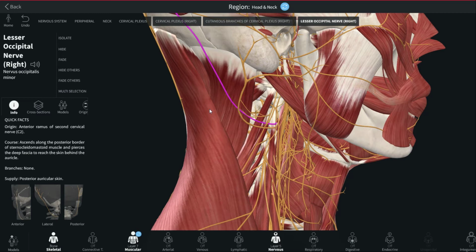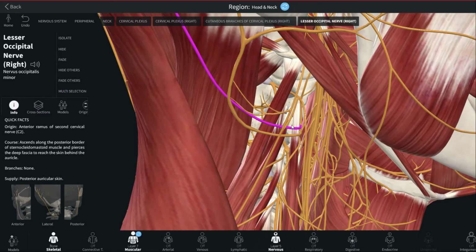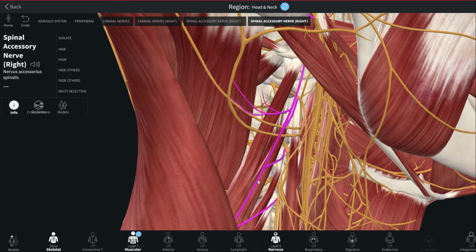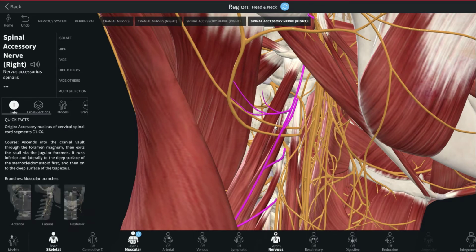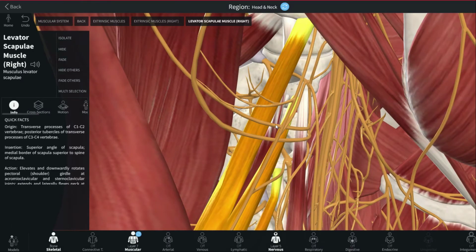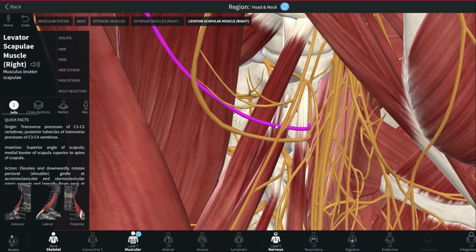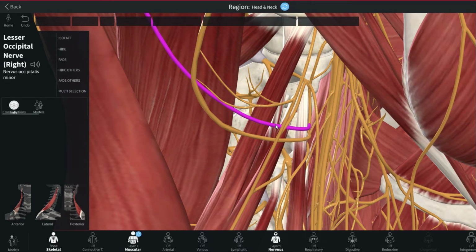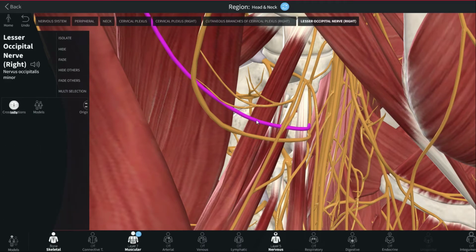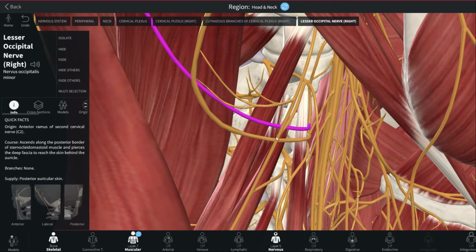An important thing about the lesser occipital is that, see, this over here is the spinal accessory nerve, right? And this over here is the lesser occipital. So you can see that the lesser occipital and the spinal accessory nerve have kind of a hooking relationship.